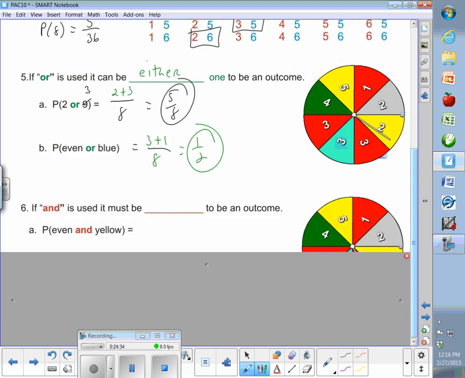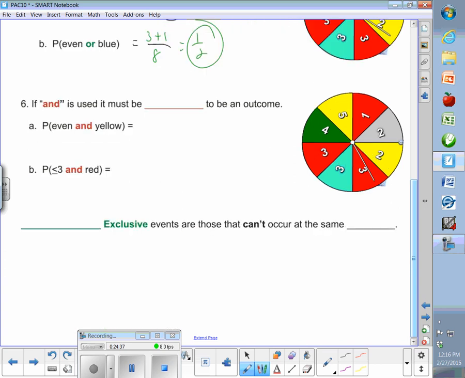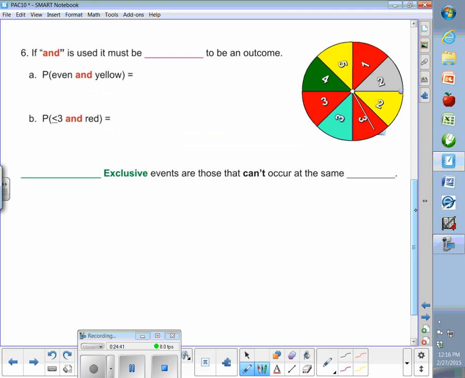The second scenario is the word and. This is a little different. The word and. When the word and is used, it must be both to be an outcome. It has to be both. Both have to take place. So when we say the probability of even and yellow, what are we talking about here? What does that mean when that word and is used?